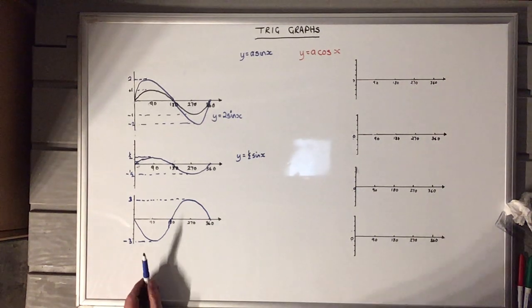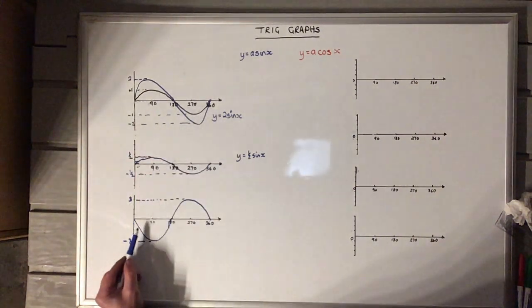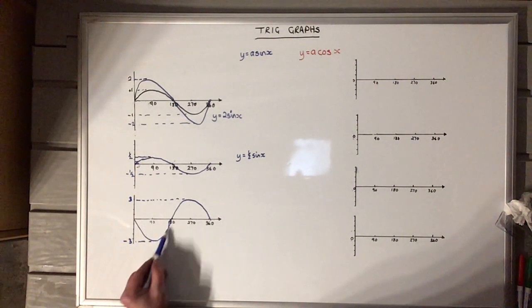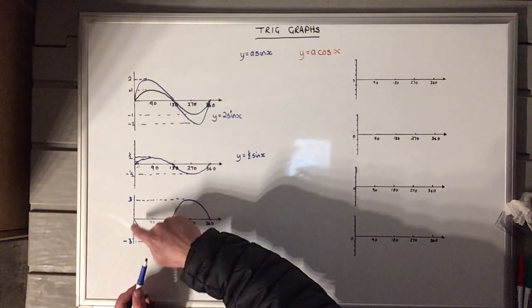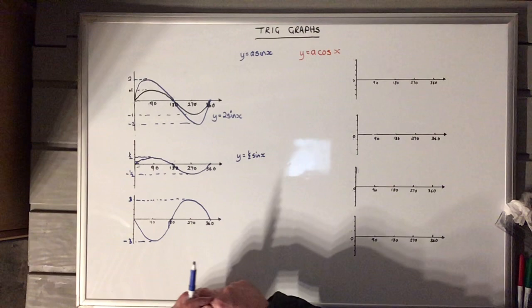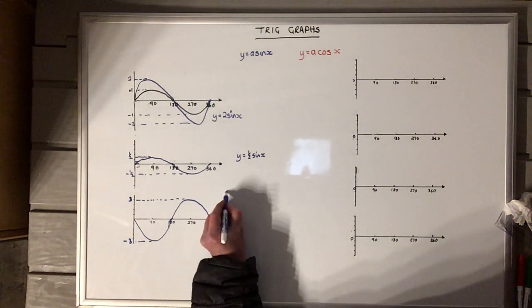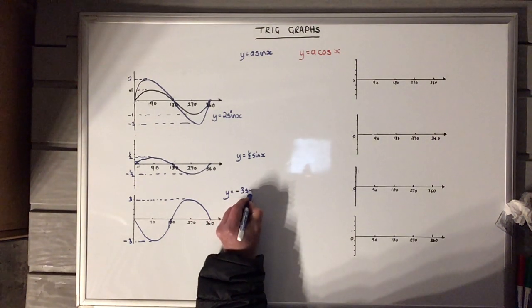Now look at the graph this time compared to the normal sine graph. This is a standard one. Look what's happened here. It's going that way. It's been flipped over in the x-axis. And the value is 3 and -3, so the maximum value is 3, minimum value is -3. Well, the equation for that one is y equals -3 sin x.